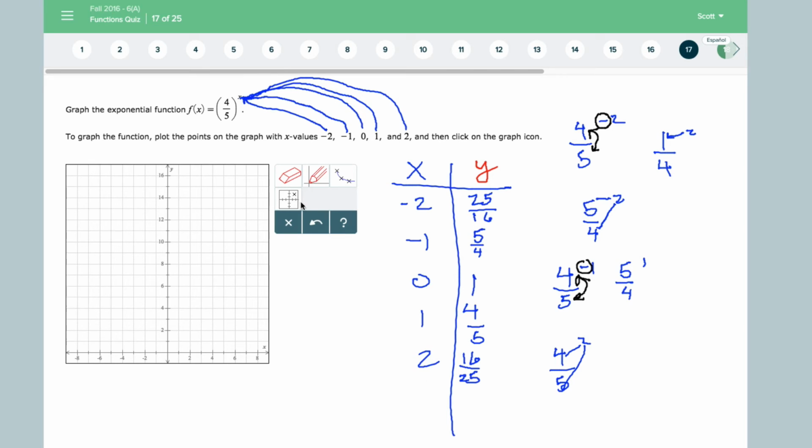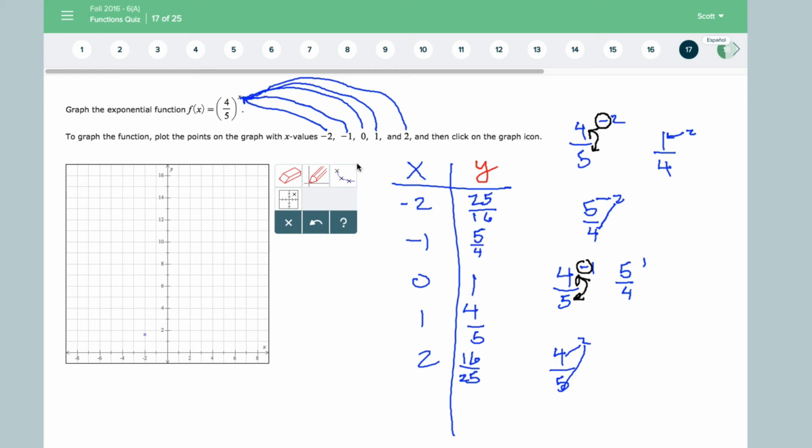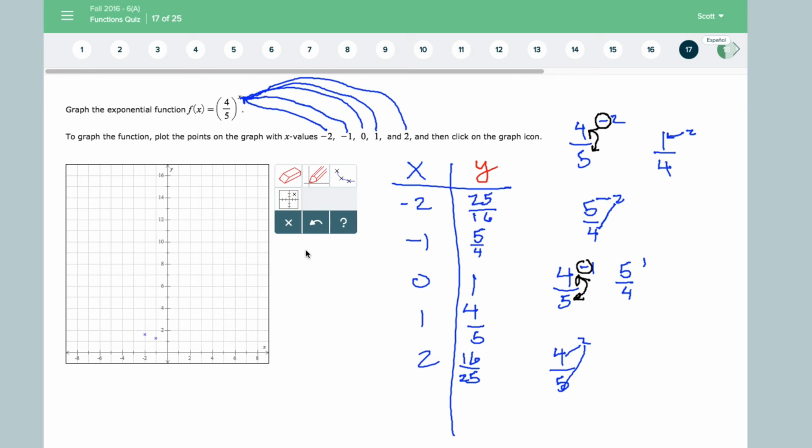Good. So let's plot the points. We have negative 2, comma, 25 over 16. Plot that point. We're going to click that button again. Negative 1, over and 5 over 4. Plot that point.